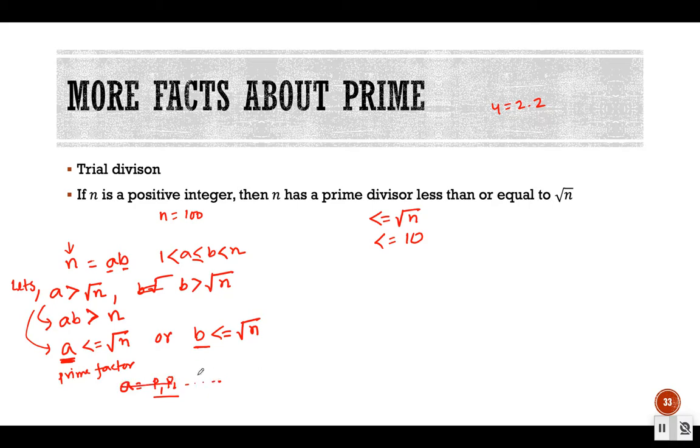That means there is a prime number p that divides a. Now a divides n, and that tells us that p divides n. That's the transitivity rule of division. So if p divides a and a divides n, then the prime number p divides the natural number n.